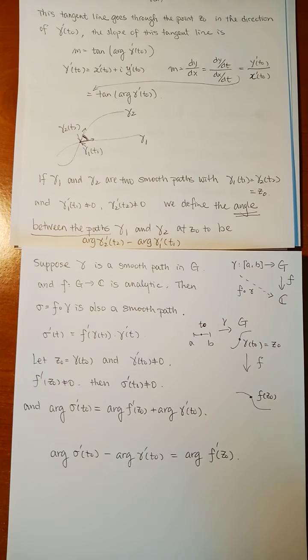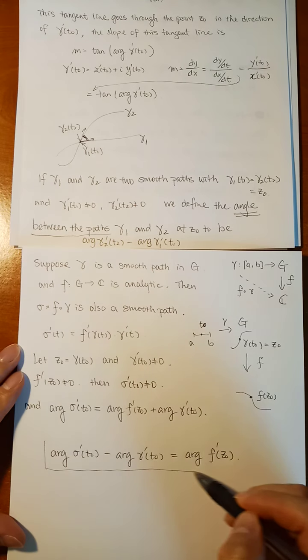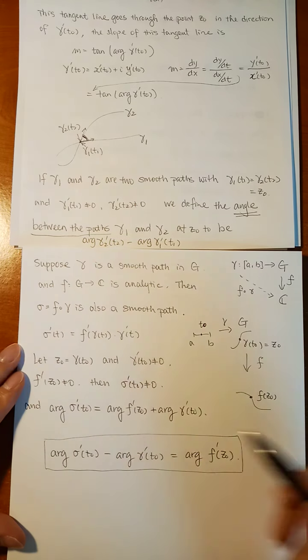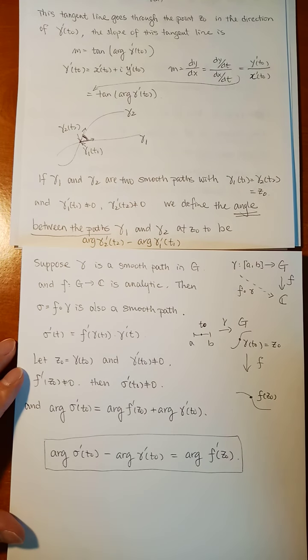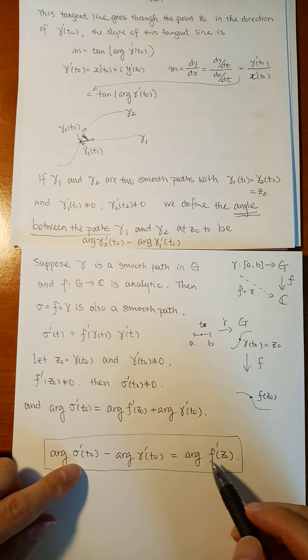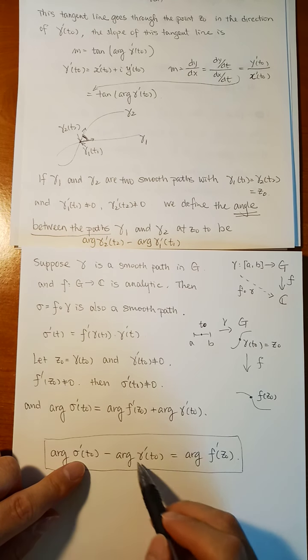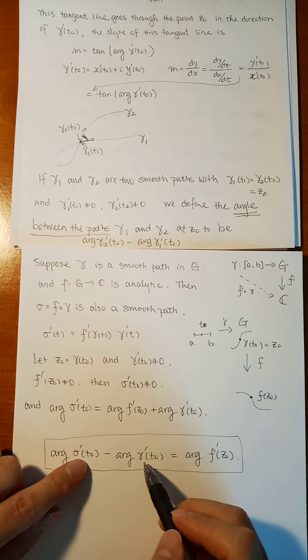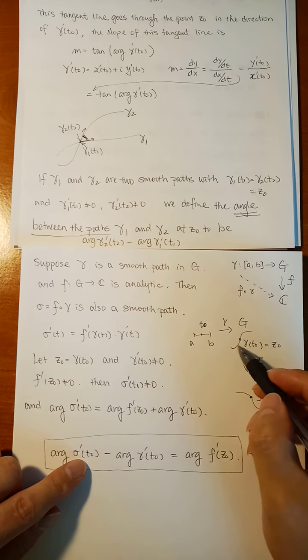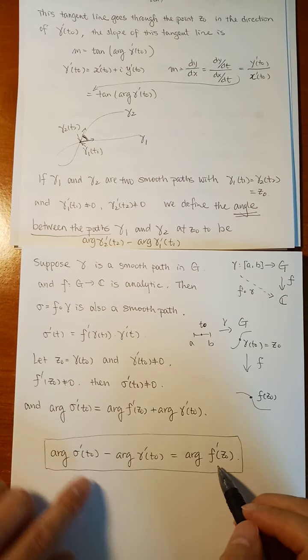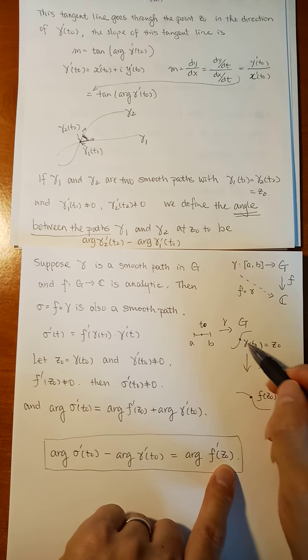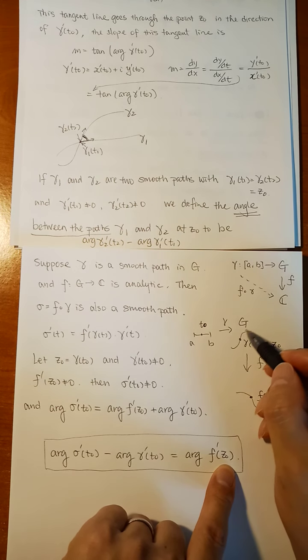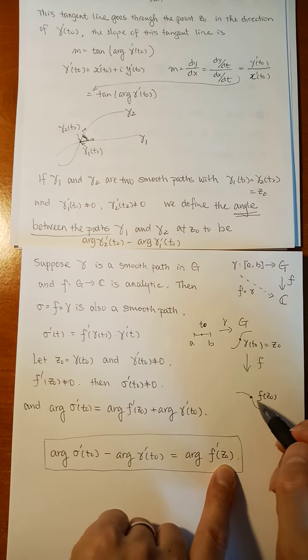So what is the importance of this formula? The importance is the following. You have two paths, this is one part. The second part only depends on this function f. It actually does not depend on the path information.